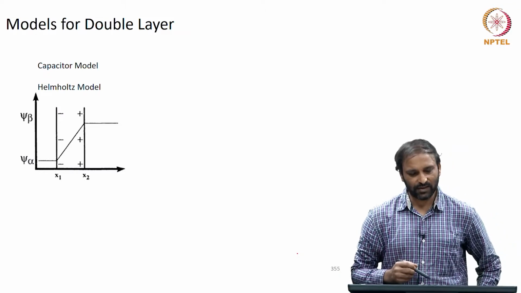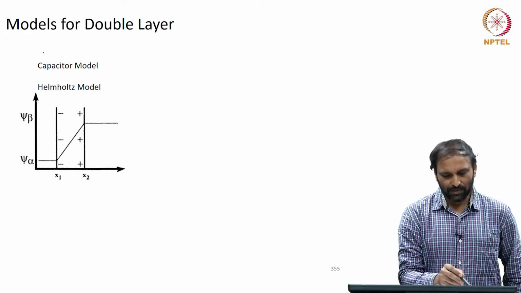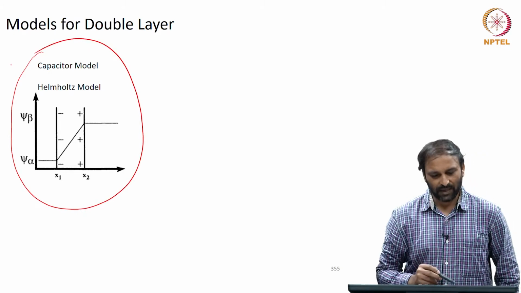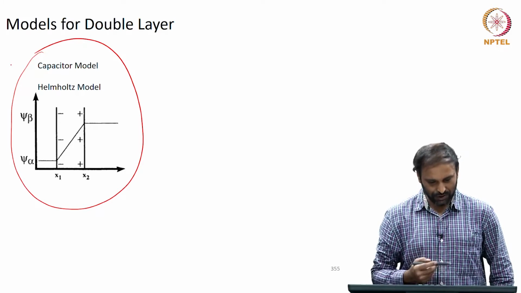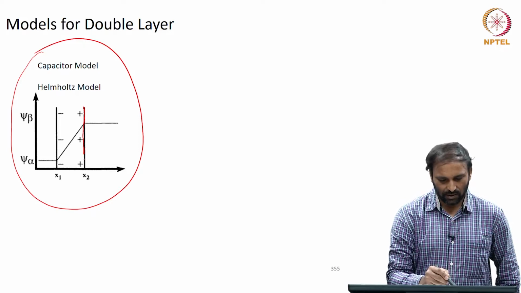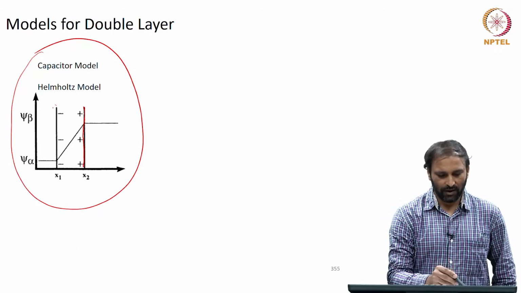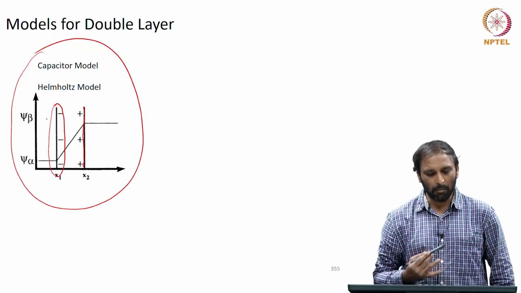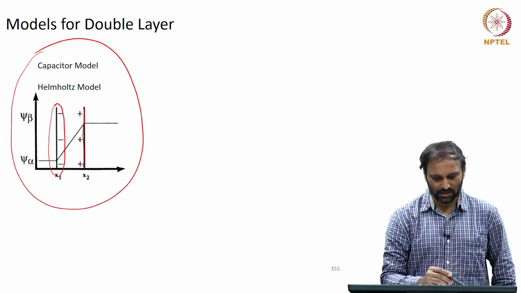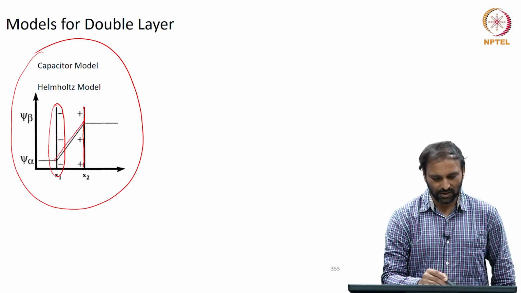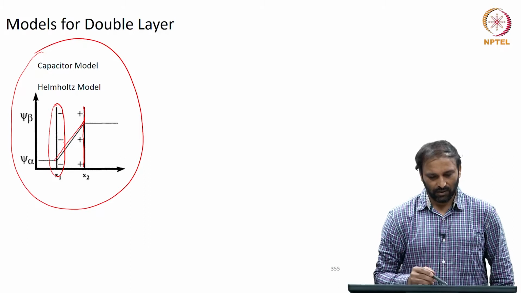So what we have discussed in the model for double layers is that one of the simplest models was the capacitor model, or the Helmholtz double layer model, in which it was assumed that if you have any charged surface, in the immediate vicinity of the charged surface you have a layer of counter ions which are tightly bound to the charged surface, and the potential varies with distance very much like this line, that is, there is a linear variation of the potential with distance in the double layer.